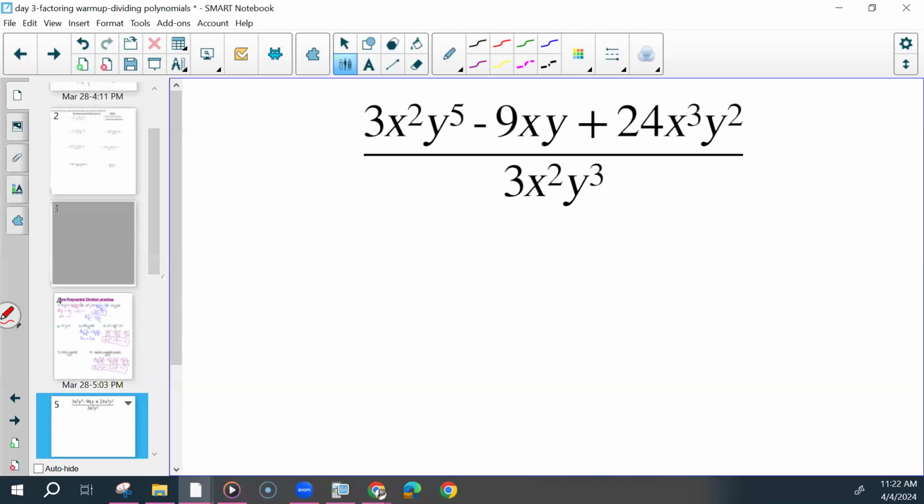What did you say? 3xy. If we divided that out of everything, what's left? -3, 8 x to the power of 2.